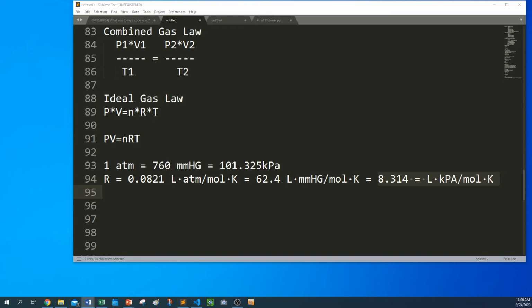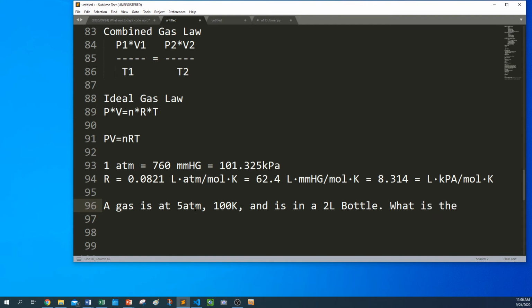So you need to know STP, because some questions would be like, a gas is at 5 atmospheres, 100 Kelvin, and is in a 2-liter bottle.